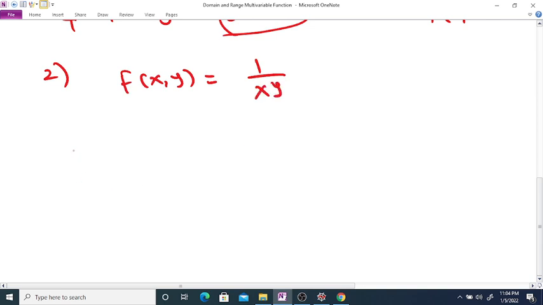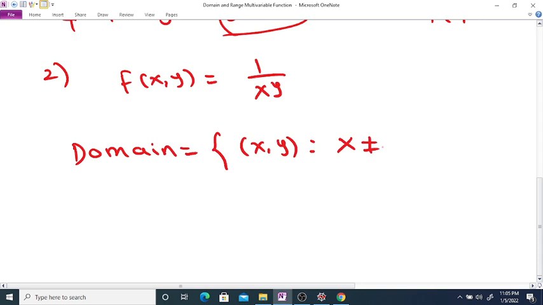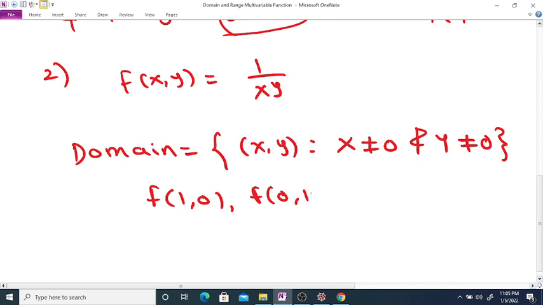Again, if we consider a second example, say f of (x, y) is equal to 1 divided by xy, then the domain of this function is the collection of all (x, y) such that x is not equal to 0 and y is not equal to 0. That is, you cannot consider a pair such as f of (1, 0), f of (0, 1), or f of (0, 2).